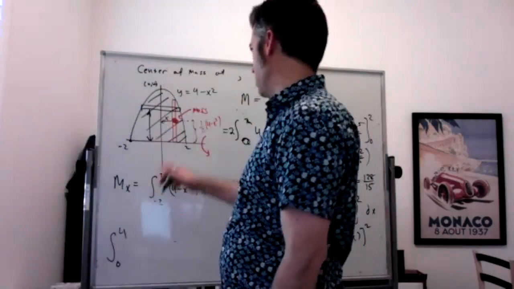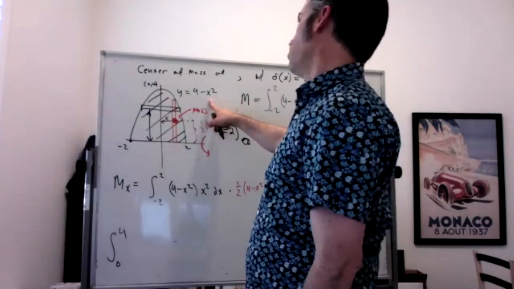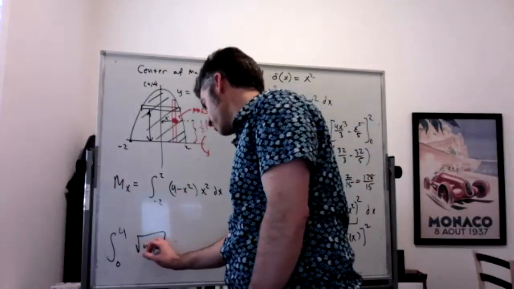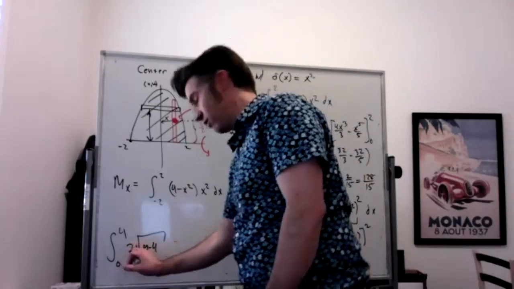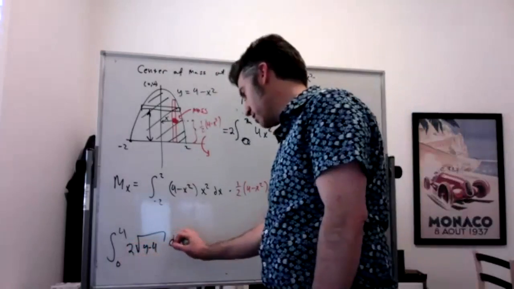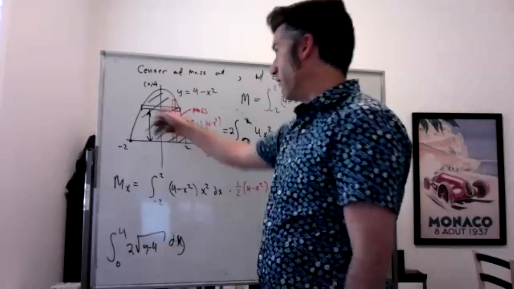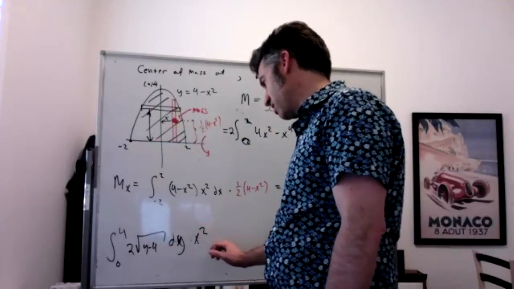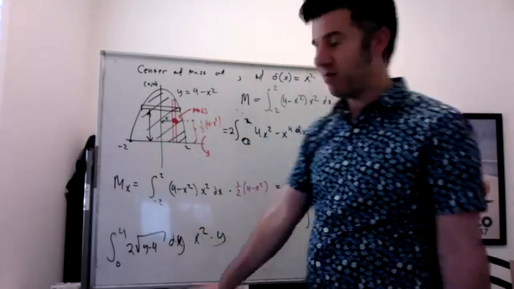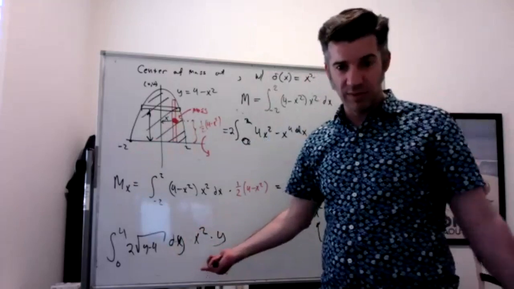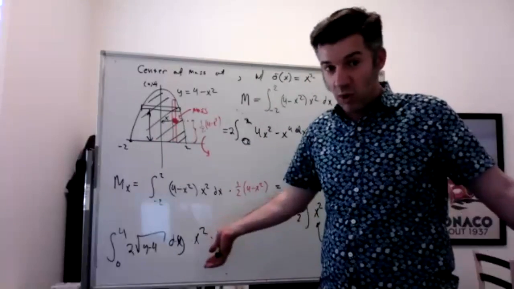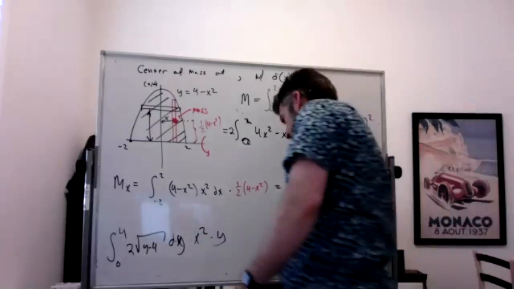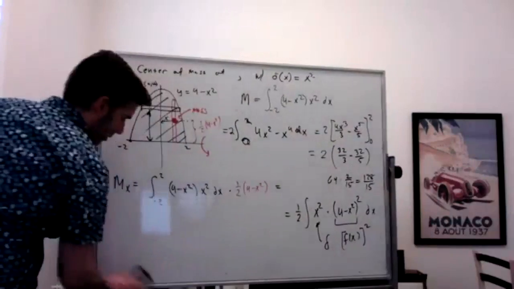So the mass would be x equals positive square root of y minus 4 minus the negative square root of y minus 4. So that would be the area of that, but then the density is x squared, and the lever arm is y. But the problem is you can't change the density from being a function of x to being a function of y. It just doesn't work. So we're stuck doing it this other, less nice way. Let's see what we get though.